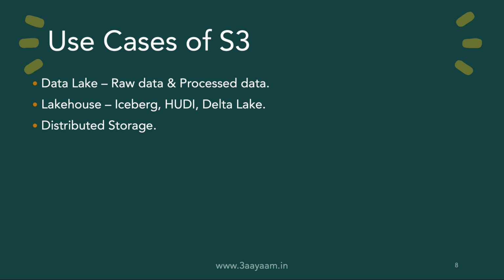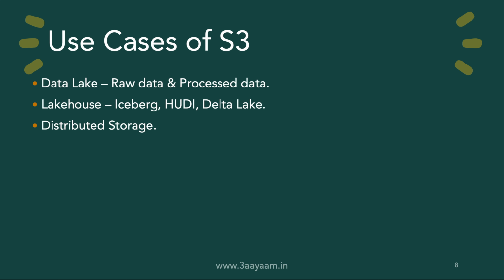And as I already mentioned, we can use S3 as a distributed storage, just like HDFS. So what is HDFS? HDFS is Hadoop Distributed File System. And it works like the architecture that I was showing you in the first slide, that is distributed storage, wherein you break a very large file into small pieces and store them in different servers.